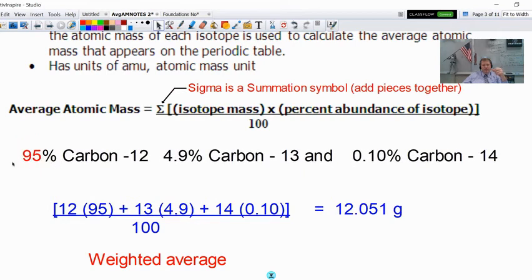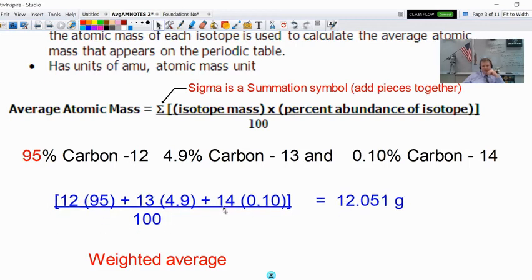So here's the example. Let's say 95% of all carbon had a mass of 12, 4.9% of the carbon had a mass of 13, and a very tiny percentage has a mass of 14, that radioactive carbon. So you take the mass and its percentage, the mass and its percentage, you add it all up, you divide by 100, and you get the average.